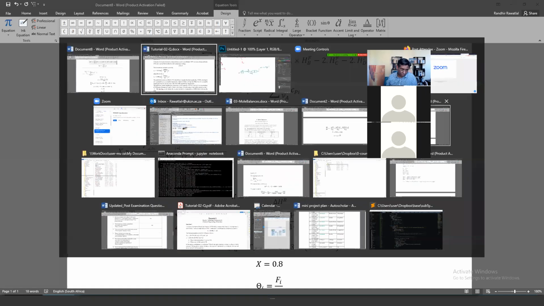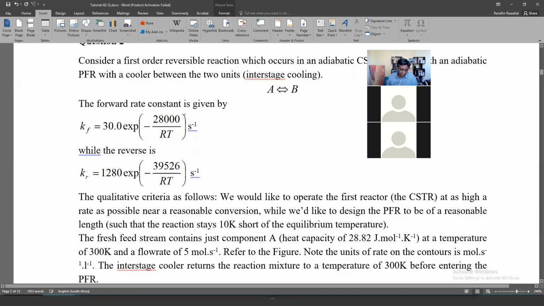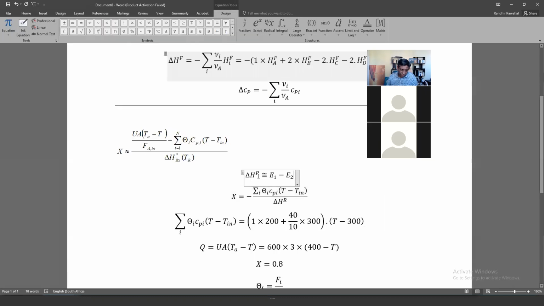So here, if you look at E1, 28,000 and E2, almost 40,000, E1 minus E2 is going to be a negative number. So delta HR is negative, and that will cancel with that minus sign. And so this is going to be positive, right?